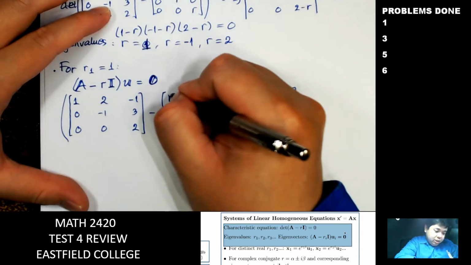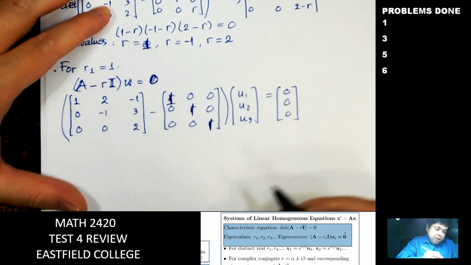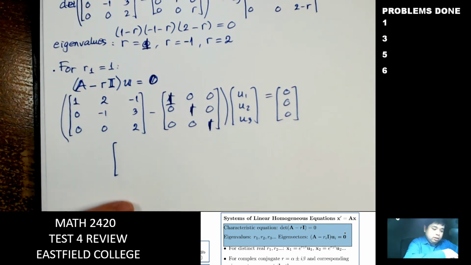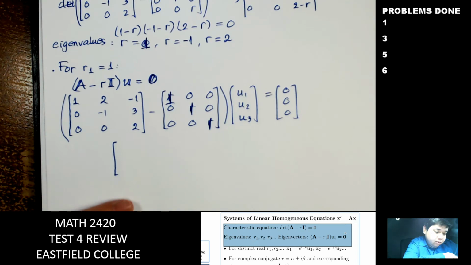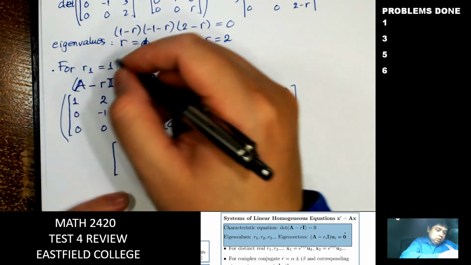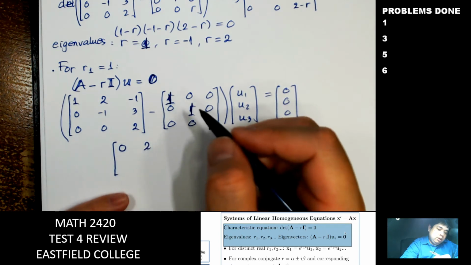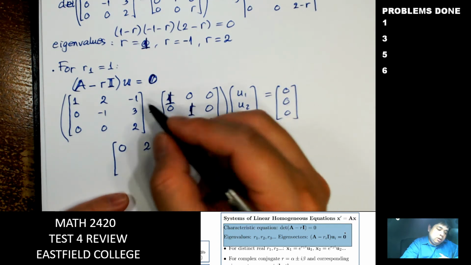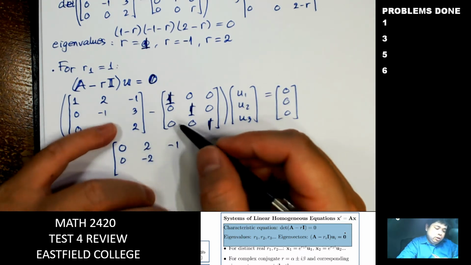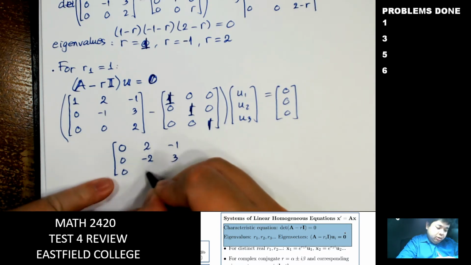And we know R1 is equal to 1, so pretty much the matrix will become 0, 2, -1, 0, -2, 3, 0, 0, 1.